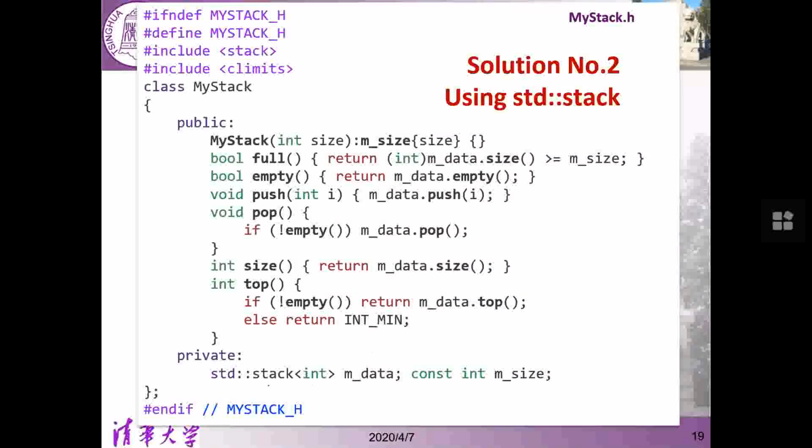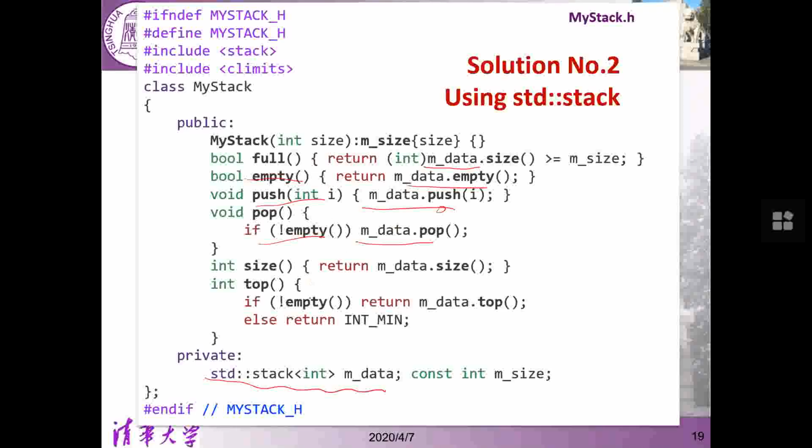Then we have another solution using this STL stack. So we just use STL stack. We can easily check whether it's empty. We can also easily push in one element like this. So only the interface may be a little different.